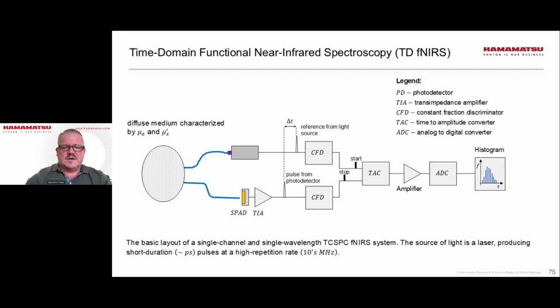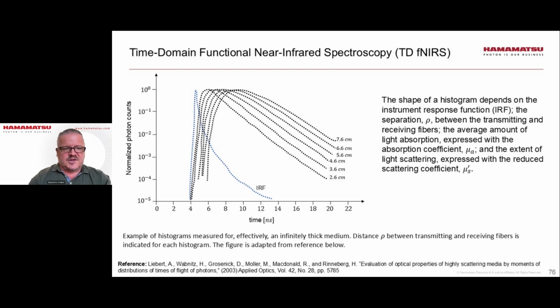These coefficients will change with time and also with mental activity. This is of great interest to those that study the human brain. The approach is basically like LiDAR. You inject light, and then you measure the arrival time of emerging photons.